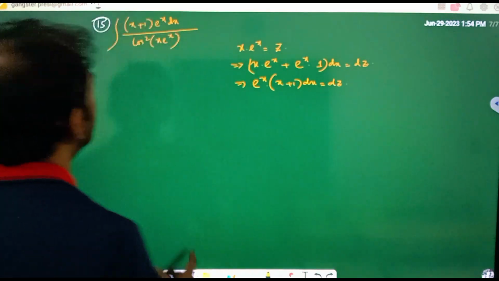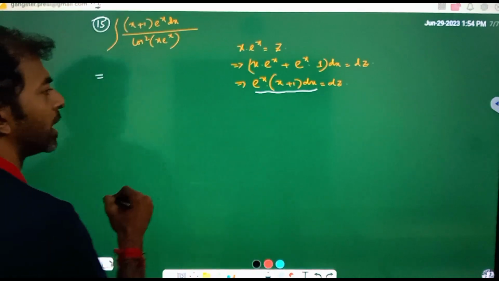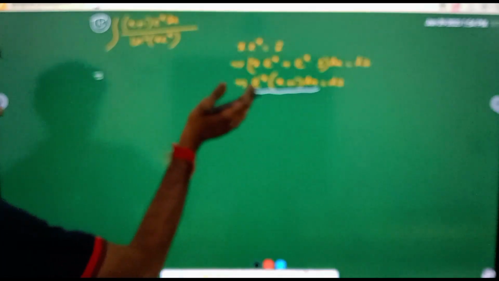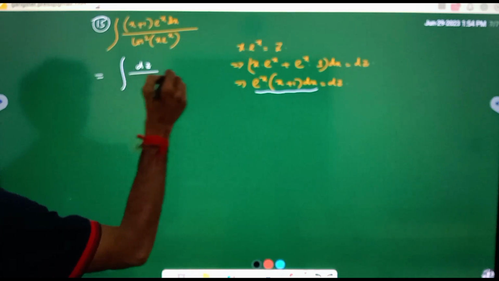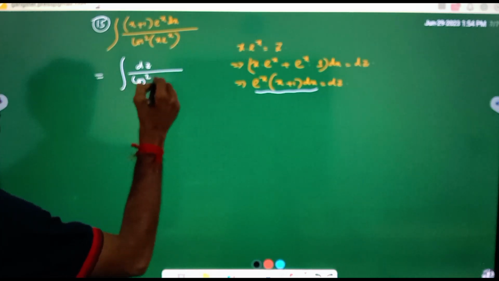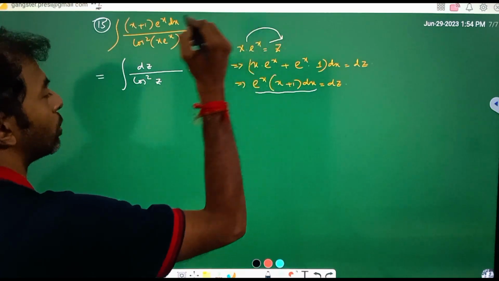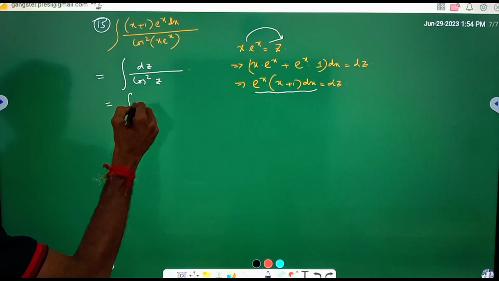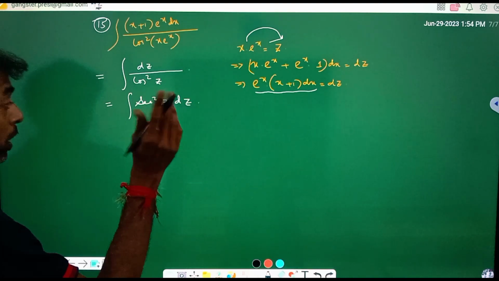Okay, so the numerator part is this one, e power x into (x plus 1) dx, and that's going to be substituted by dz, and the denominator part will be cos squared z, because we have substituted x e to the power x as z only. Okay, so that will be integration of sec squared z, and we all know the integration formula of sec squared z.